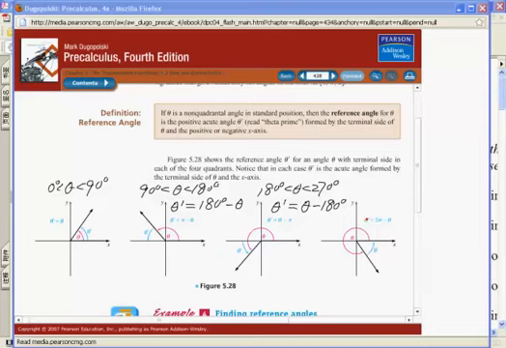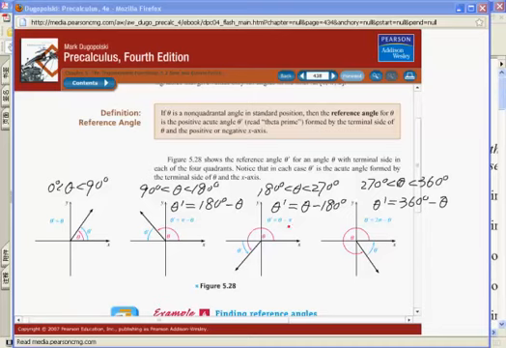And if your angle is greater than 270 degrees but less than 360 degrees, then your reference angle theta prime is equal to 360 degrees minus theta.